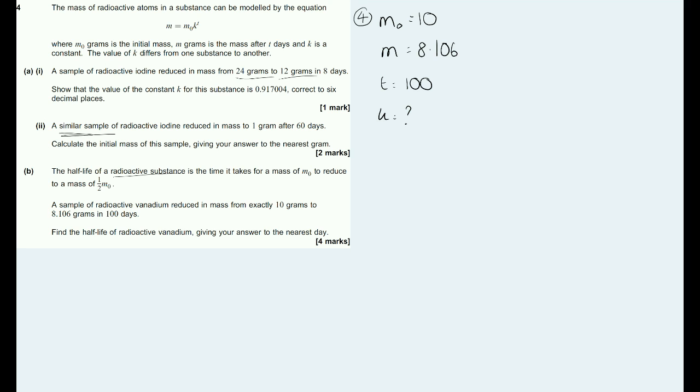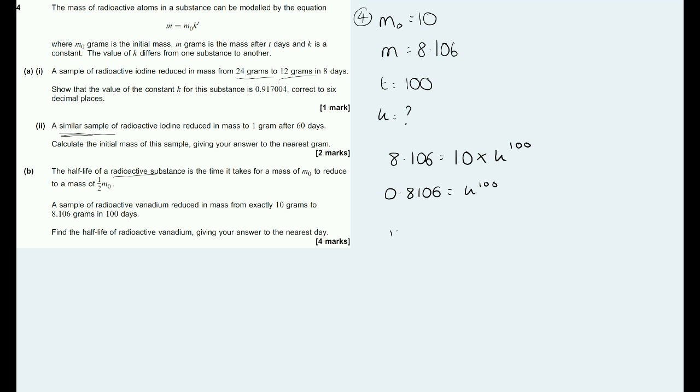So first of all, we use the information we've been given to find this value of k, exactly the same thing that we did earlier for part 1. We set up an equation with k being unknown. Divide through by the 10. So 0.8106 equals k to the 100.